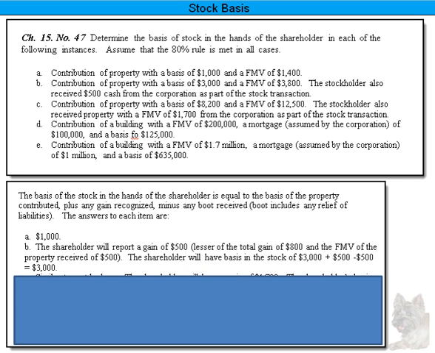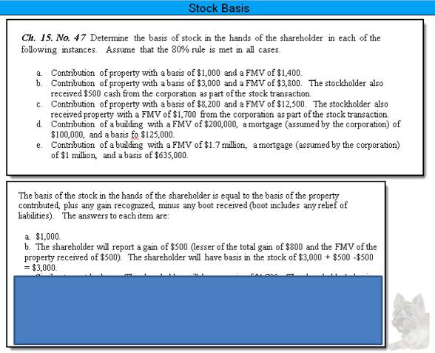All right, the shareholder will have to report the gain of $500, which is the lesser amount of the gain of $800 and the fair market value of the property received of $500. Okay? And then the shareholder will have a basis in the stock equal to $3,000 plus $500 less $500 or $3,000.